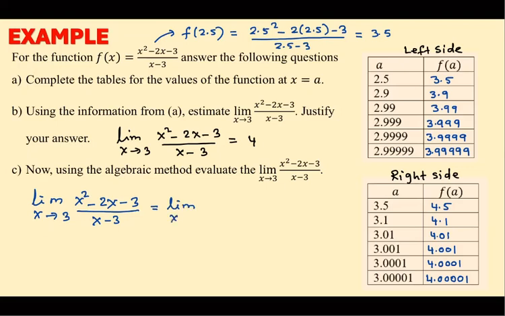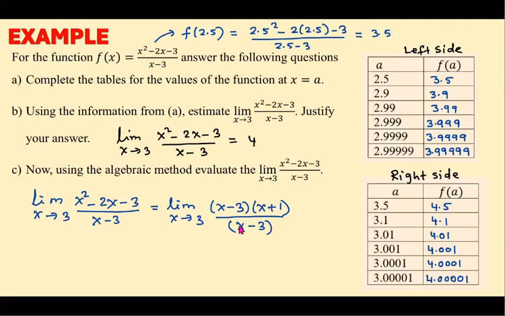So the limit as x approaches 3. If you factor the numerator, x squared minus 2x minus 3, the factors are (x minus 3) times (x plus 1), over, in the denominator, x minus 3. Now here, x approaches 3. x gets closer and closer to 3, so x is not exactly 3.